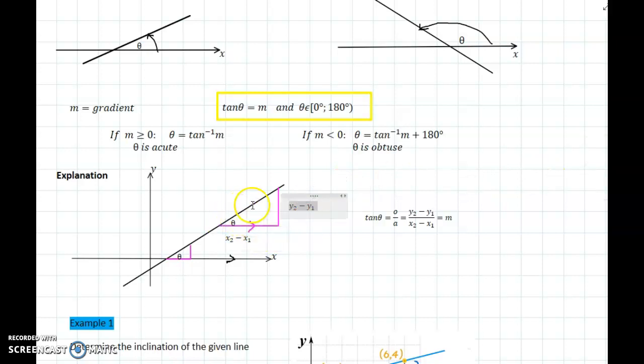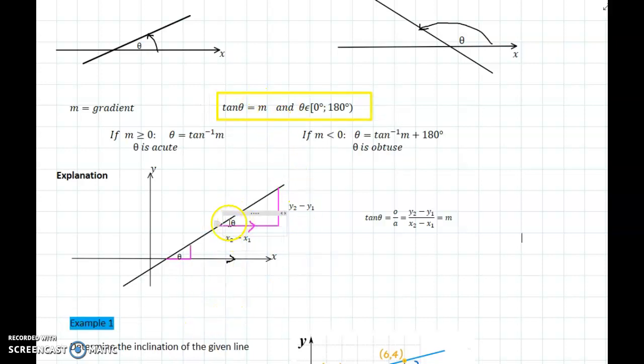So if you look at this right angle triangle here, then you will see that the tan of this angle here, what is tan defined as? The opposite over the adjacent. And what is the opposite? It's the change in the y. What's the adjacent? The change in the x. So therefore tan theta is equal to m, and that's where that comes from, that tan theta is equal to m. It's based on the gradient.